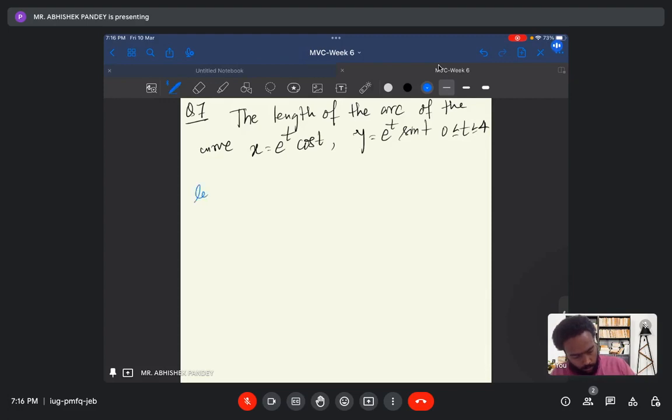So this length will be the integral from 0 to 4 of the square root of dx by dt whole square plus dy by dt whole square, dt.